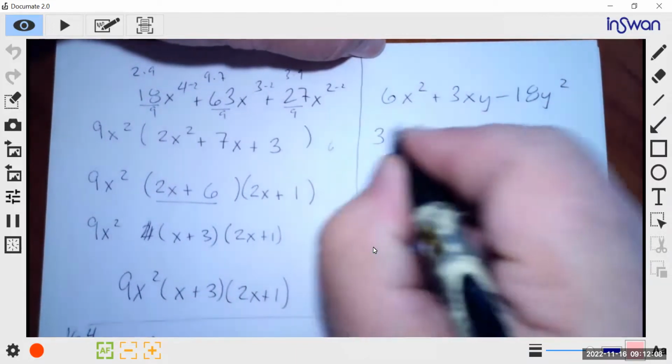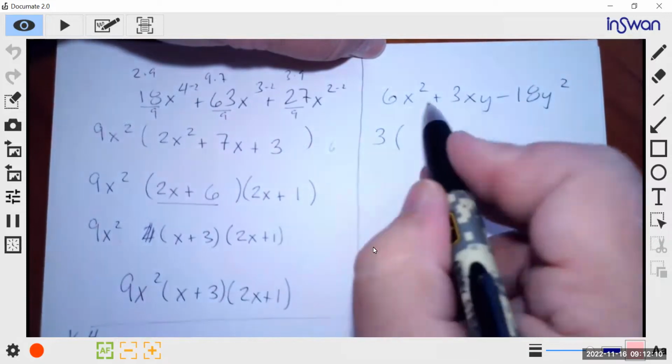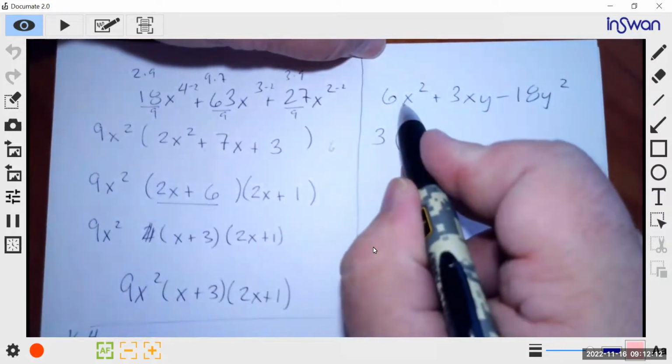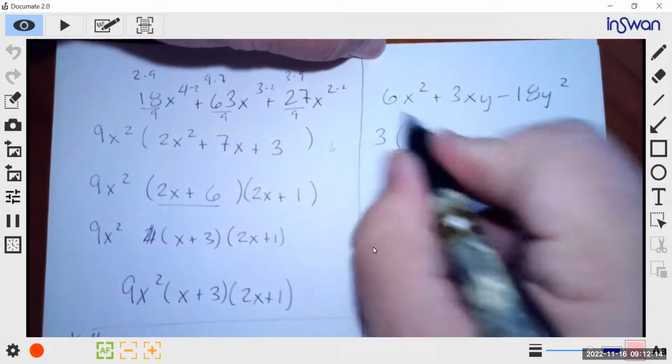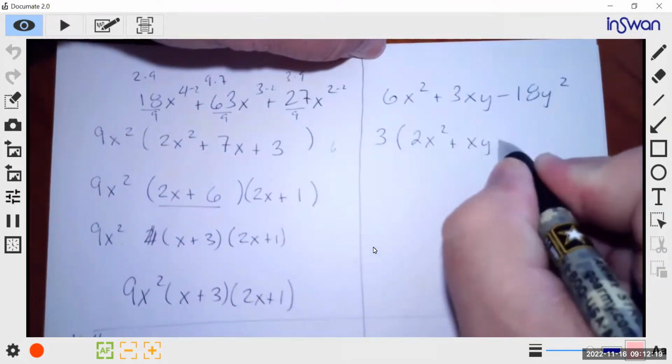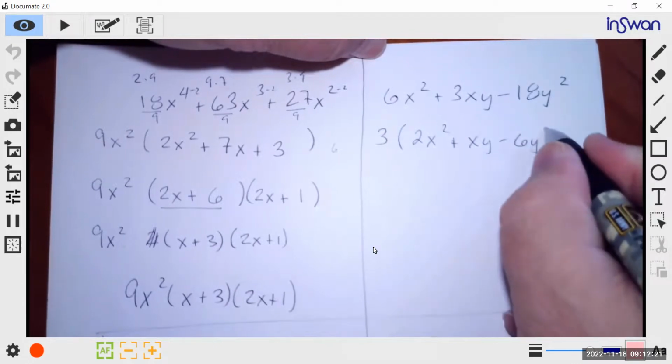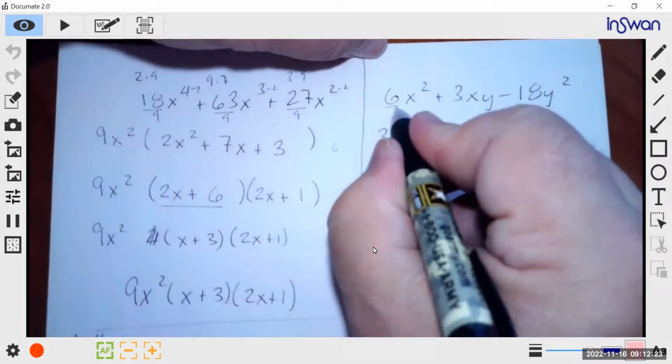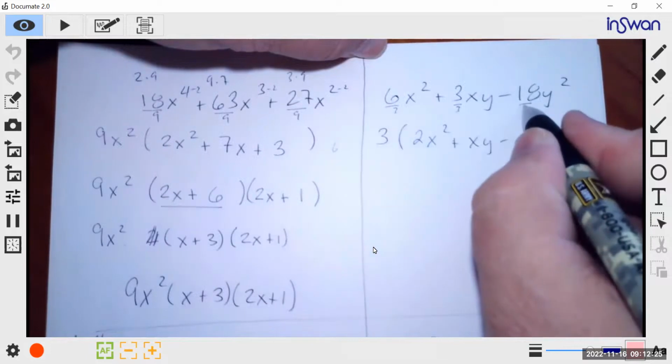A 3. So we had, nope, because the first one doesn't have a y. So the only thing we take out is a 3. So the first one's a 2x squared plus xy minus 6y squared. So divide each of these by 3 since I factored it out.